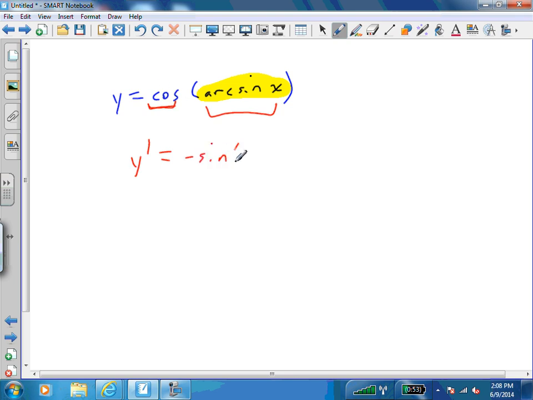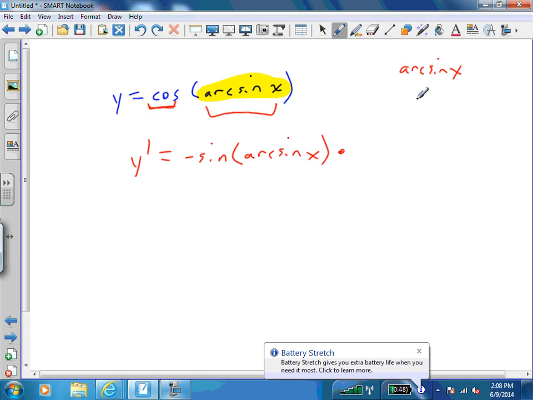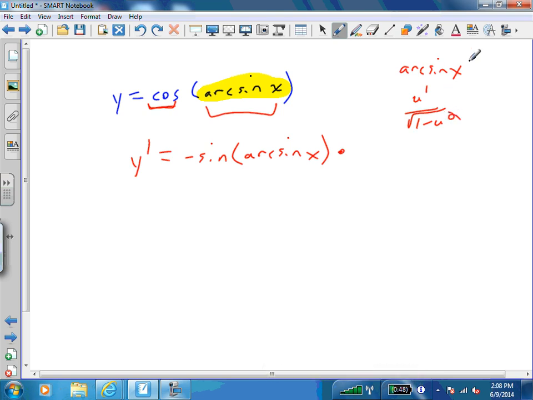Minus sign times what's on the inside times the derivative of the inside. But the inside is arc sine x. The derivative of arc sine is u prime over the square root of 1 minus u squared. So what is our u here? X. So the derivative of x over the square root of 1 minus x squared.